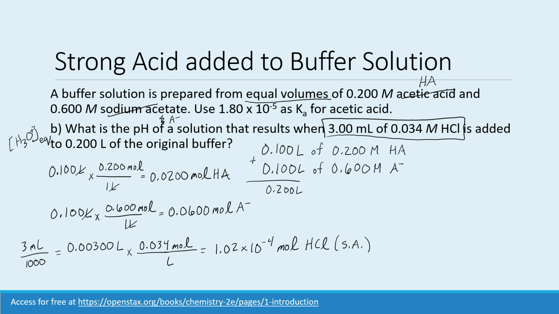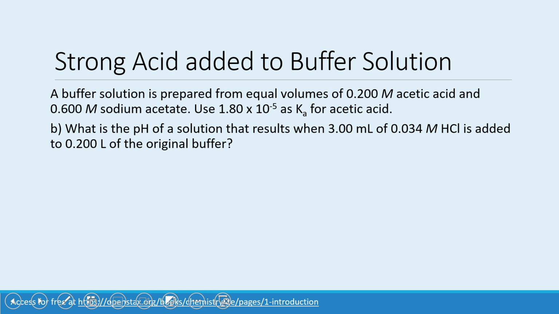So whenever we have strong acids, they go to full completion, which means the moles of that strong acid is equal to the moles of the hydronium ion, right? So we have the moles of the hydronium ion, and that is going to react completely with our weak base. And so we're going to create a BCA table, which is very similar but different to that ice table. In this table, we're still going to start out with the weak acid.